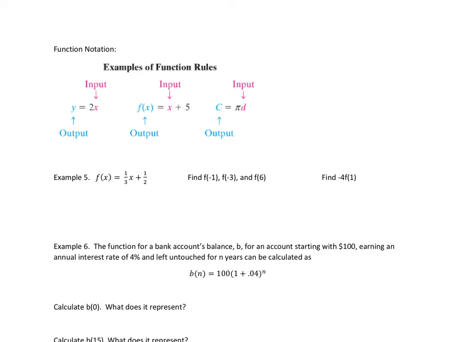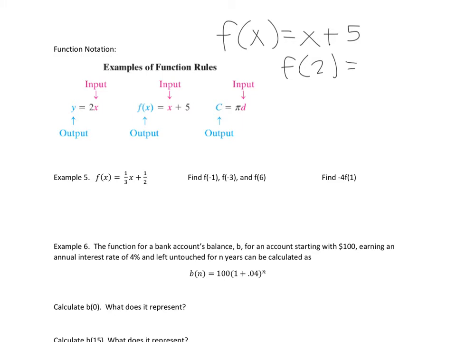We can use function notation, which basically is, instead of using our traditional y equals something with x, we're replacing the output or the dependent variable with f of x. So therefore, if you have f of x equals x plus 5, and you're trying to find f of 2, that means you need to replace the x with a 2.